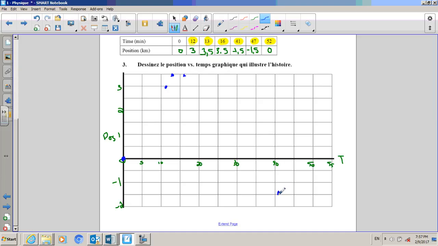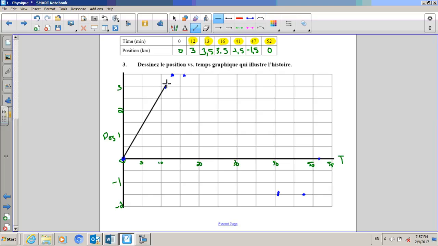Alors, vous voyez comment le graphique est facile à faire lorsque j'ai ce tableau en haut ici. 47, ils sont encore à négative 1,5. Maybe ici. 52, ils sont à 2. Right there.